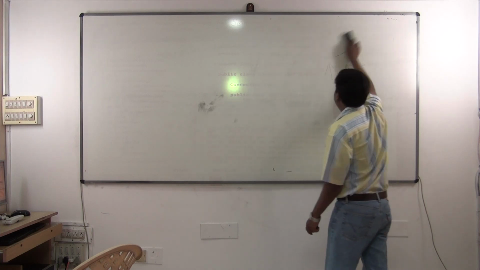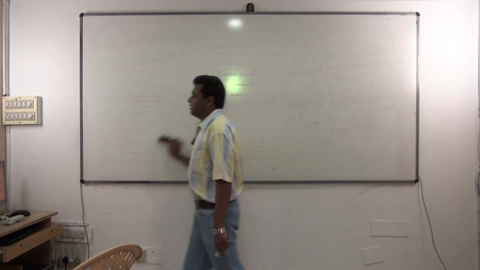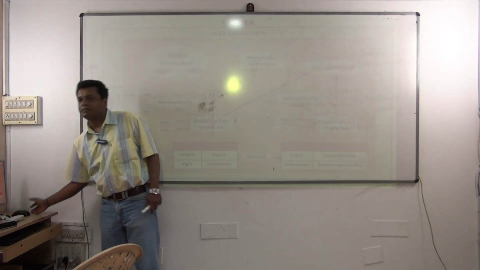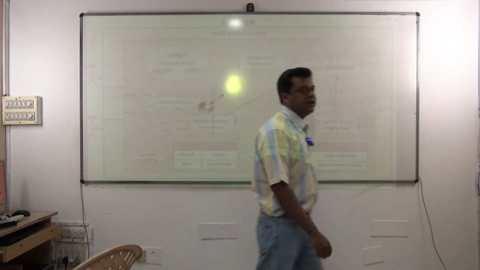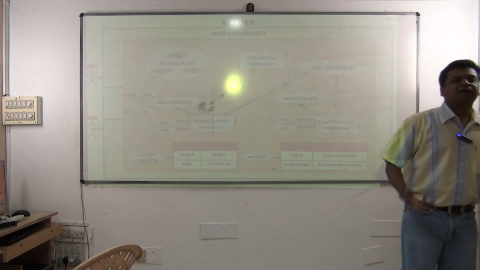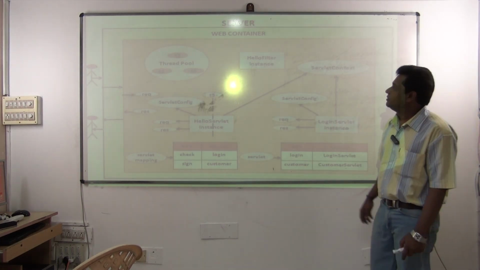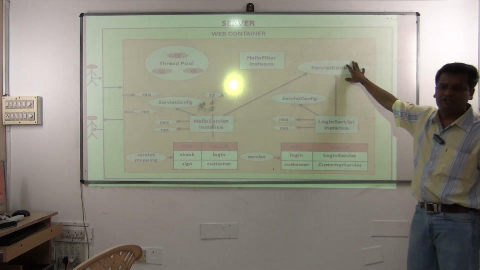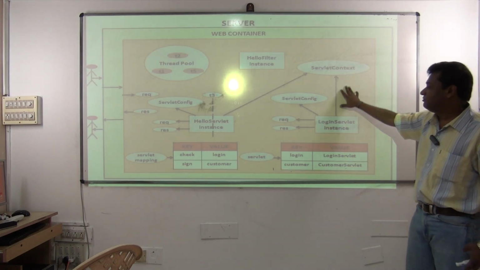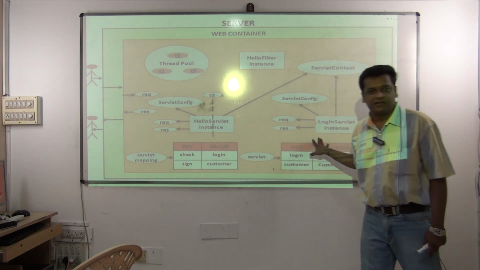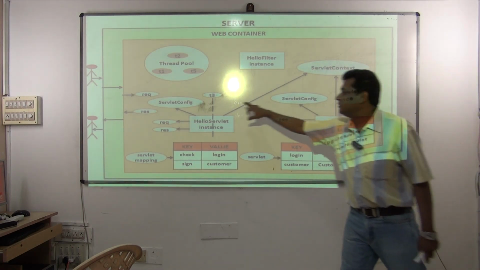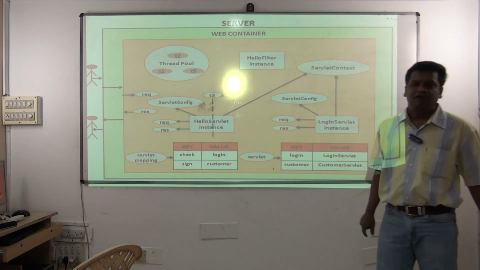Day by day, you'll start understanding this diagram in a better way, and you'll get full control over coding. Simple it is. The value stored in the servlet context is visible to all the servlets. I have written 2 servlets here, but every servlet will have its own config object.